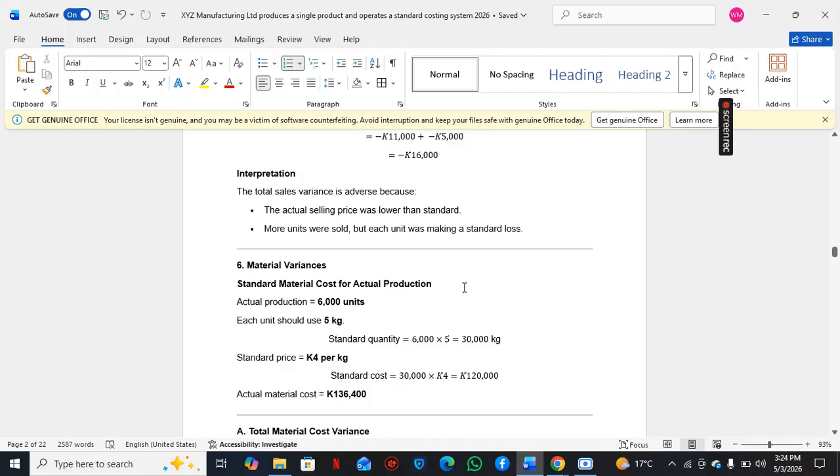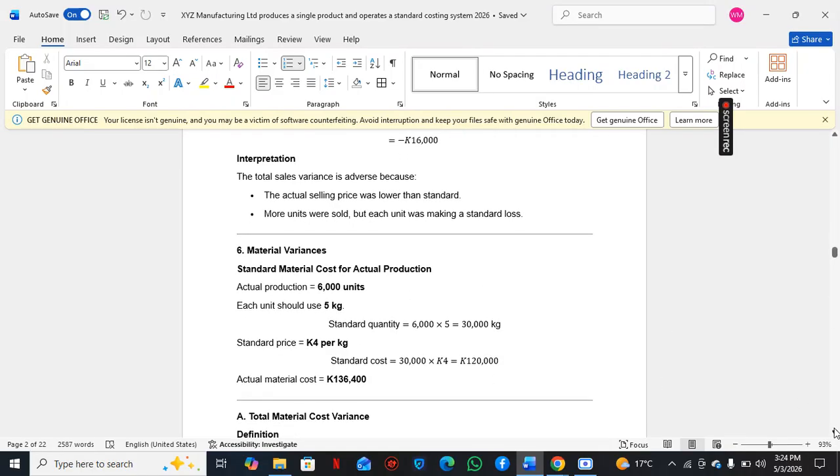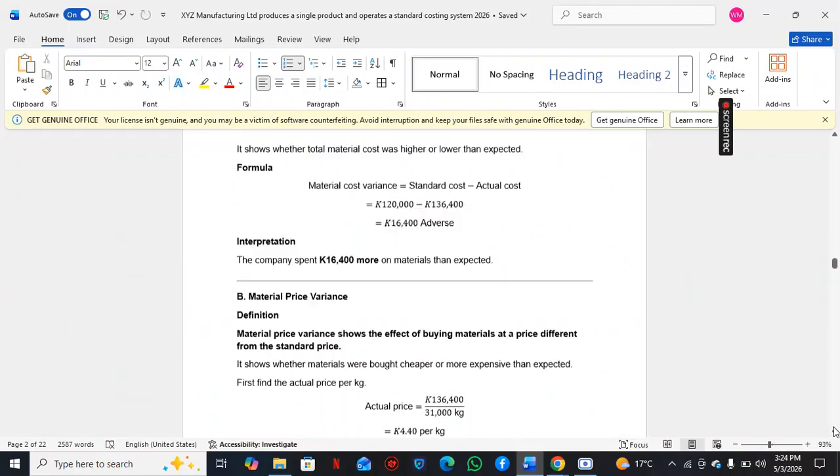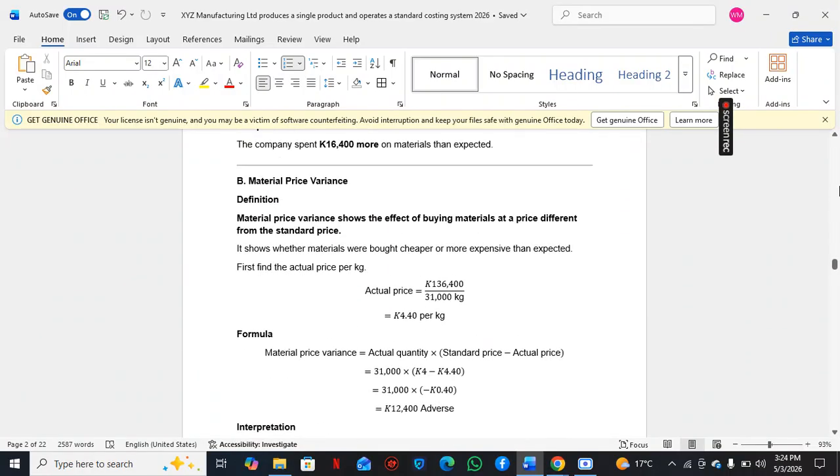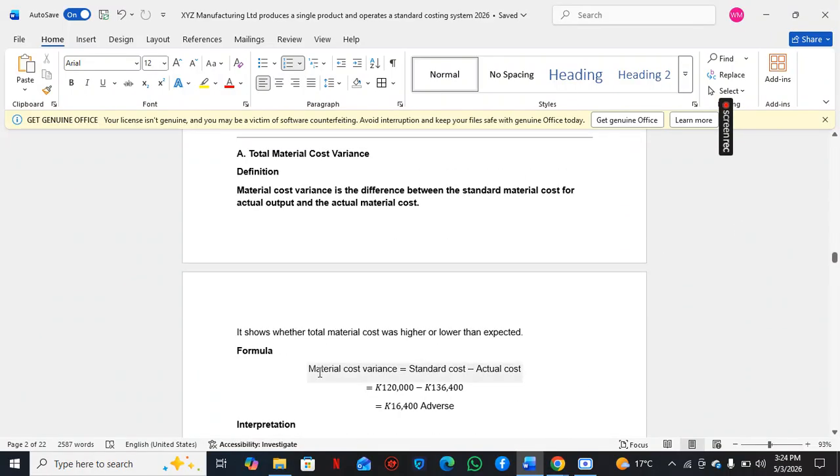So the total material cost variance is the standard total cost minus the actual total cost.